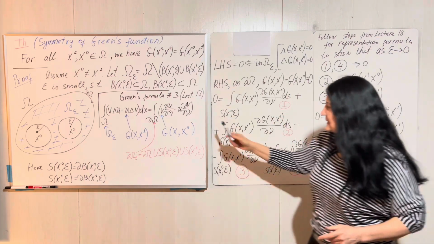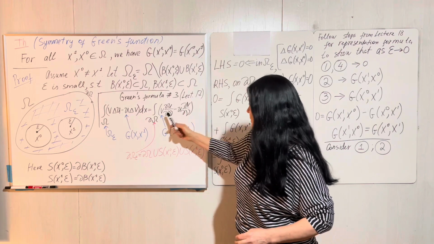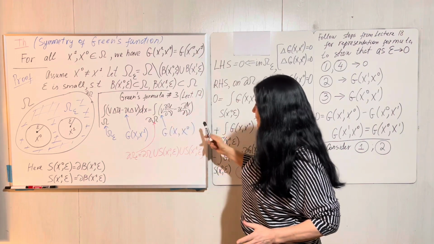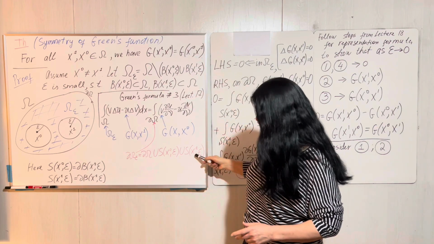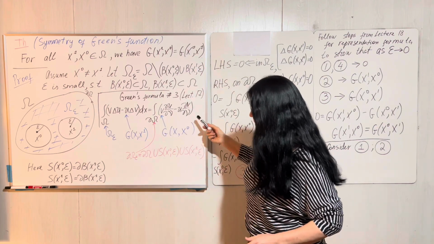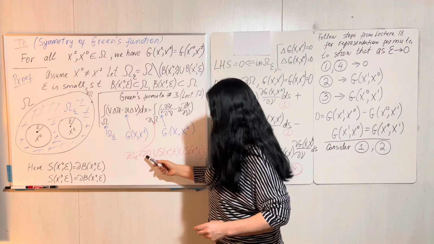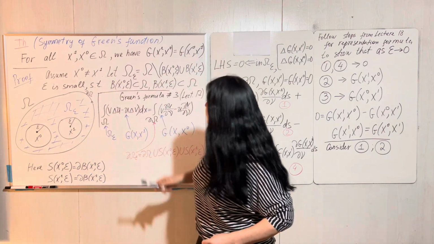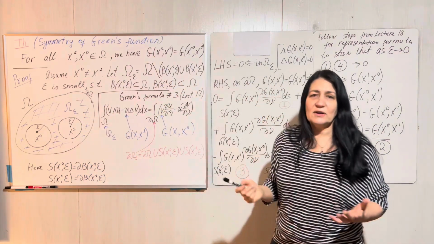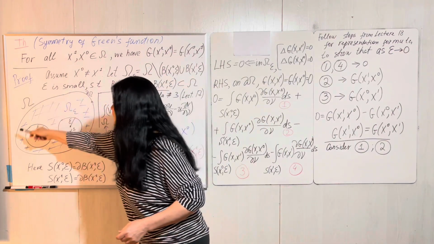In the right-hand side we will have three integrals, because our boundary consists of three parts. The first integral, along d omega: since both g's are Green's functions of the domain omega, they equal 0 on d omega.